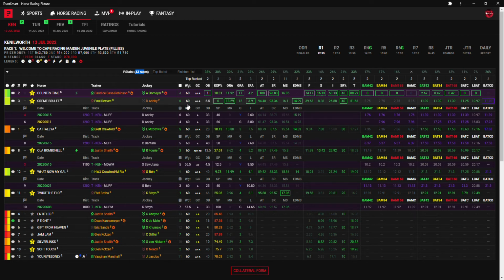And in maiden it's normally both the same, 60 and 60, as well as the number of lengths behind the winner the previous time.